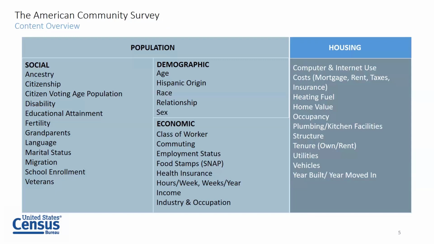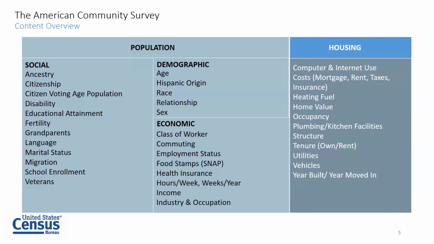The content collected by the American Community Survey can be grouped into 4 main characteristics: social, economic, housing, and demographic. You can see some of the social characteristics here listed on the left, including popular topics such as disability and educational attainment. The American Community Survey also collects basic demographic characteristics such as age, Hispanic origin, race, relationship, and sex.